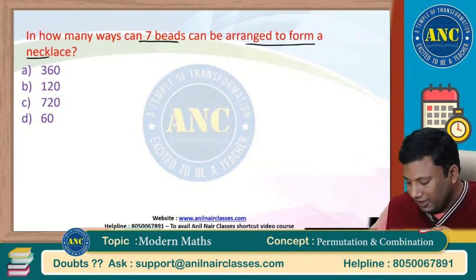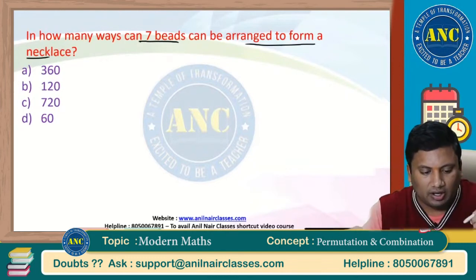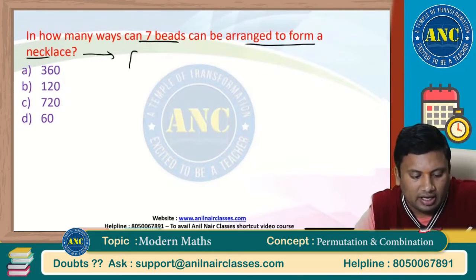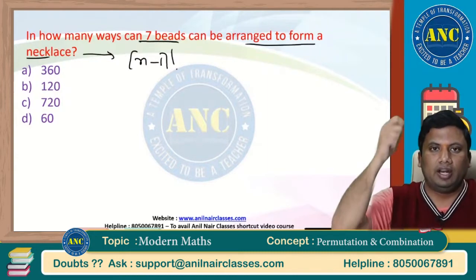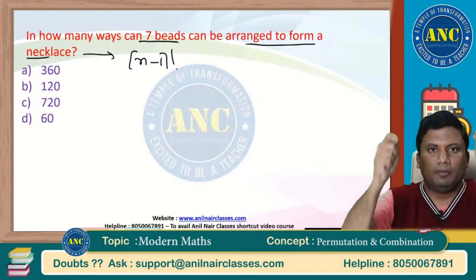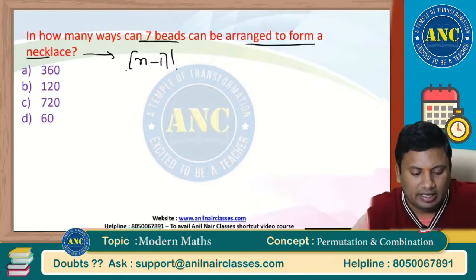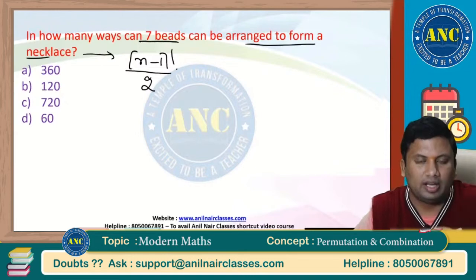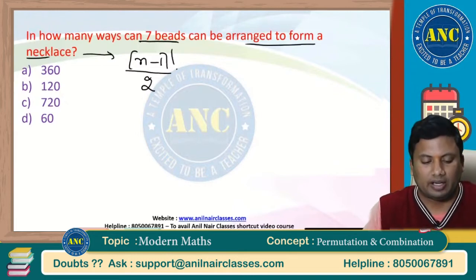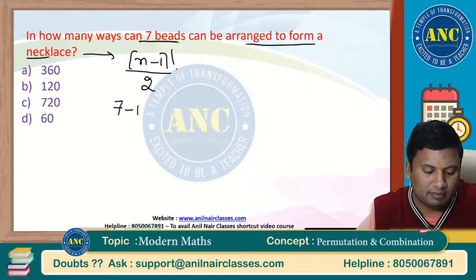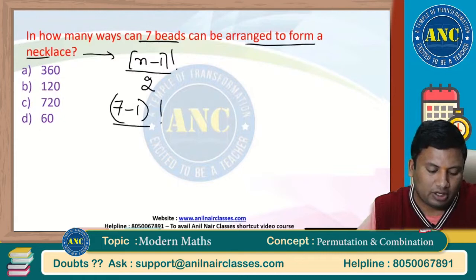So what is the difference between a circular arrangement and a necklace? A circular arrangement is n minus 1 factorial. In a necklace, you wear it, remove it, shift it, and wear it again, so it is n minus 1 factorial by 2. This is 7 minus 1 factorial by 2.